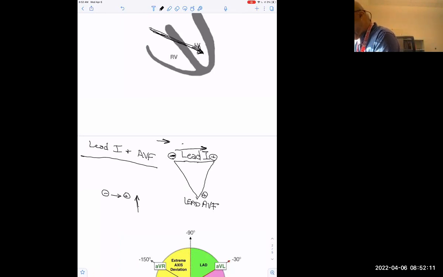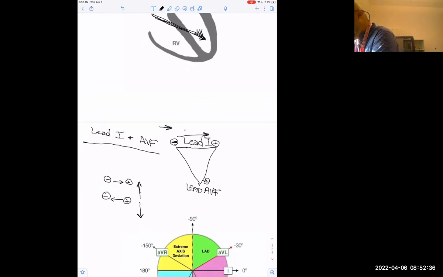So likewise, you remember that if an impulse or a vector is moving away from a positive pole towards a negative pole, you're going to get a negative deflection or vector on the EKG. Okay, everyone remember that?